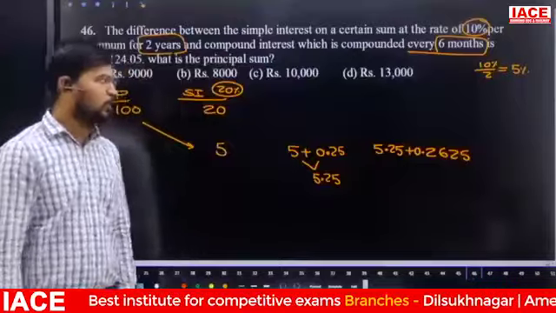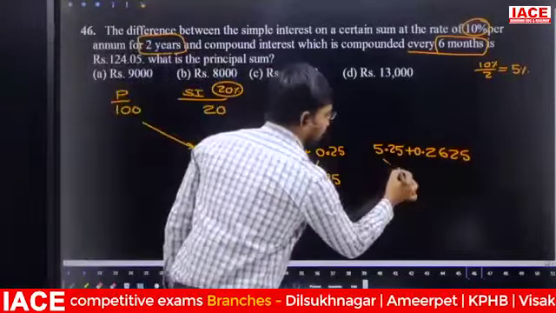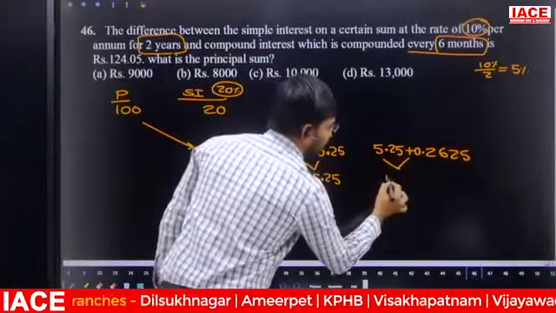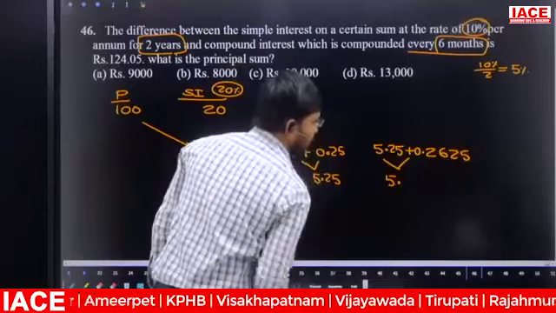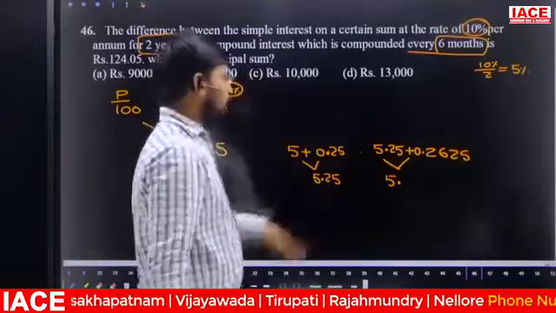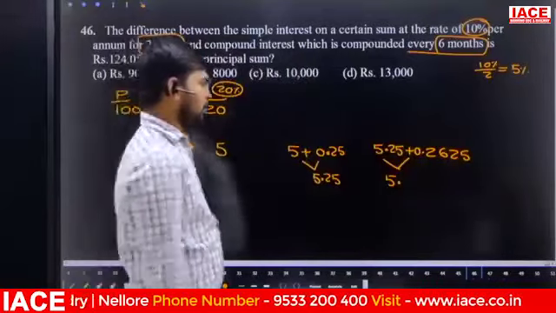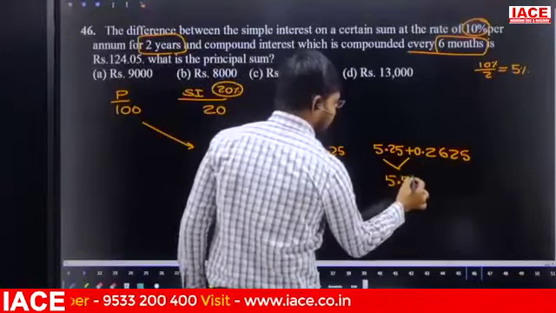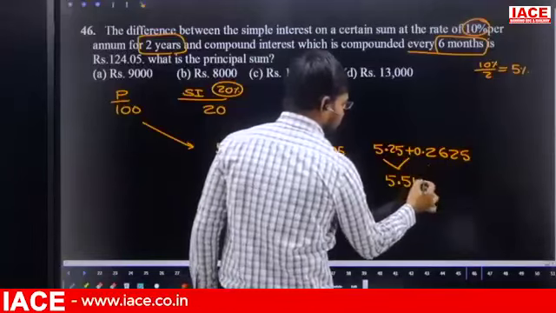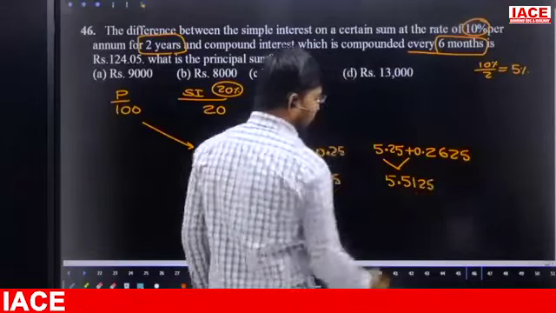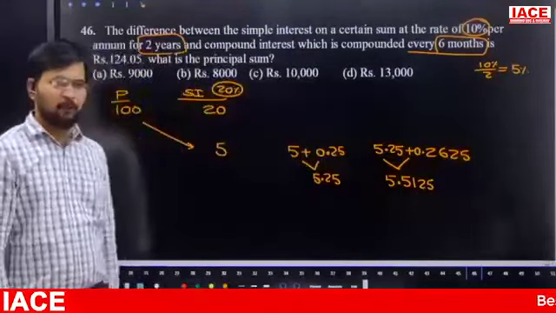Exactly, 0.2625. If I add it, I get 5.5125. This is the third half year.